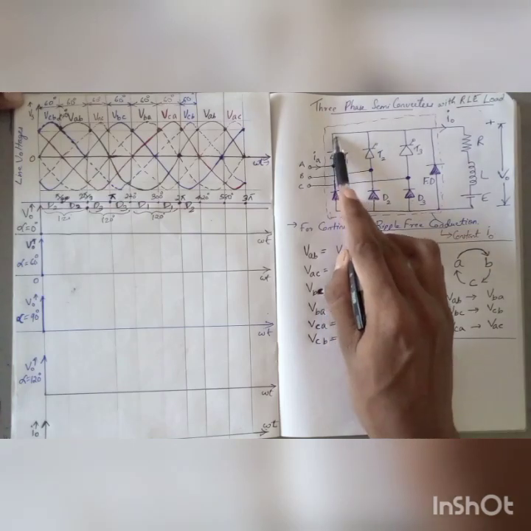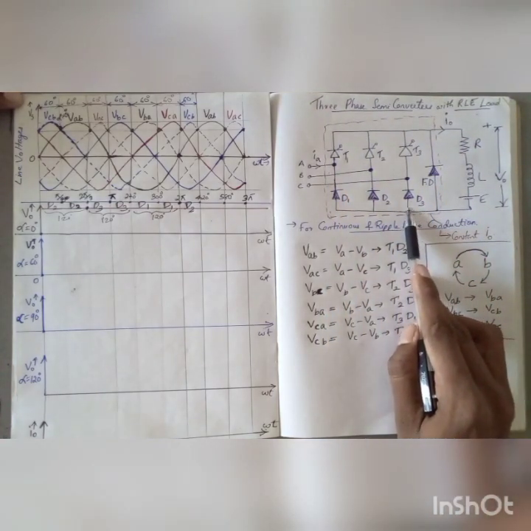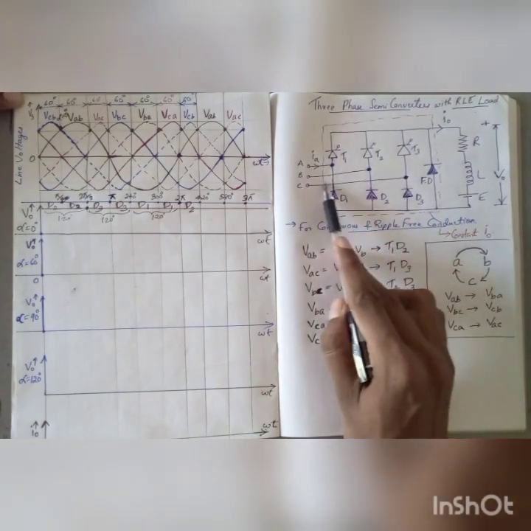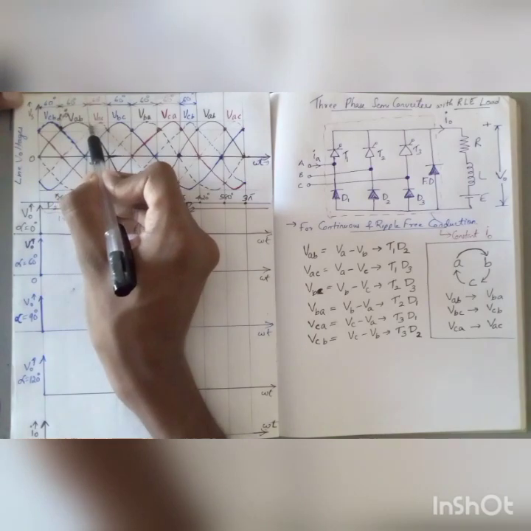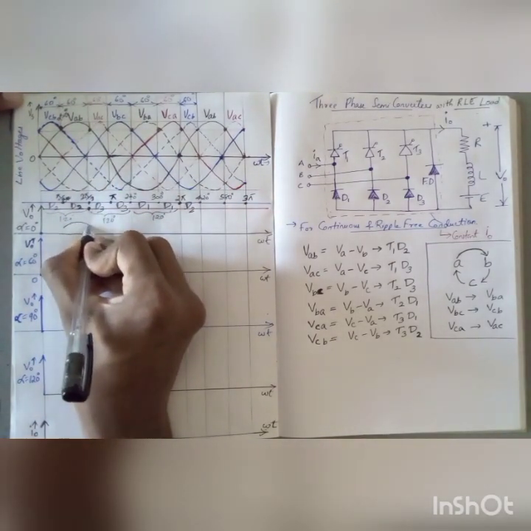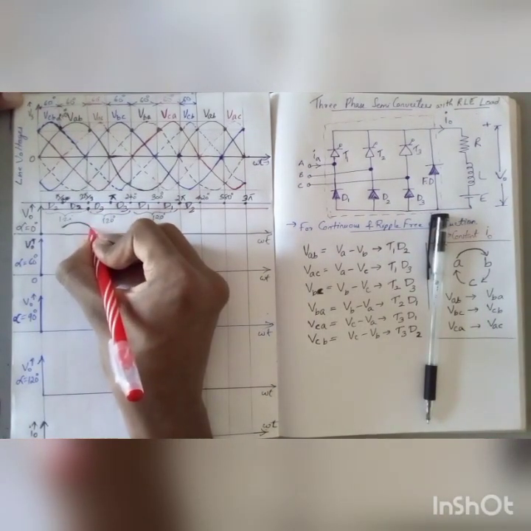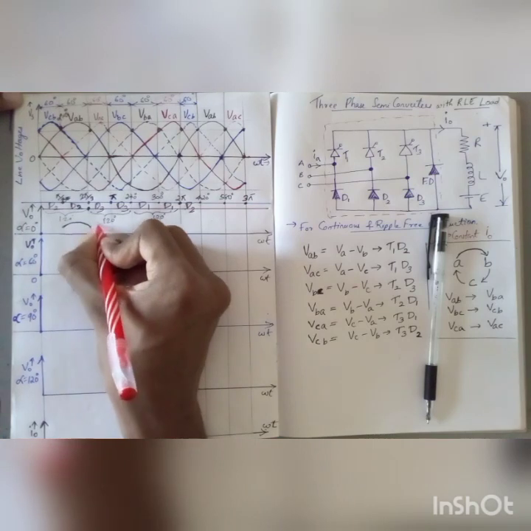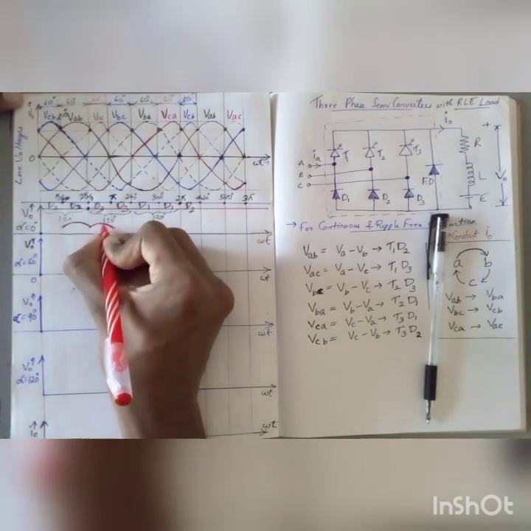Look, through T1 current flows through RLE and D3 is now conducting, so VAC is appearing across V0. So VAB, and from 120 degree to 180 degree, VAC will be appearing across my load.